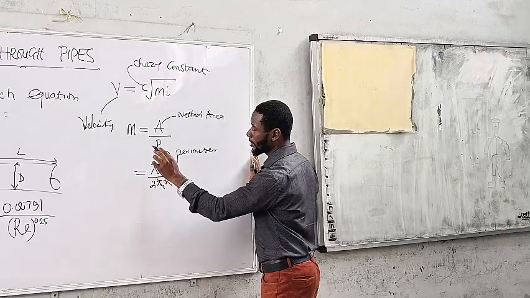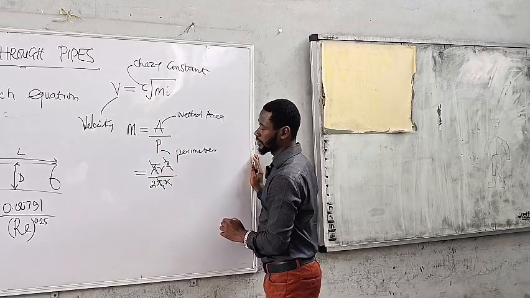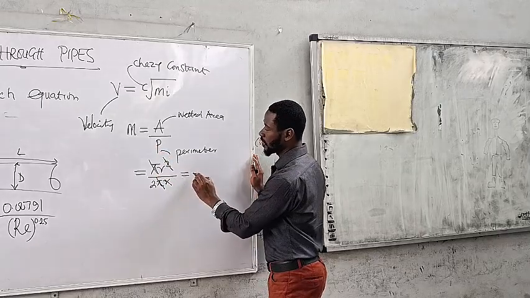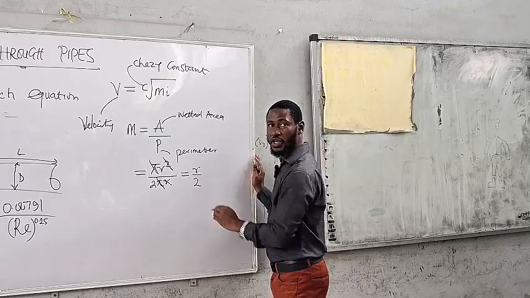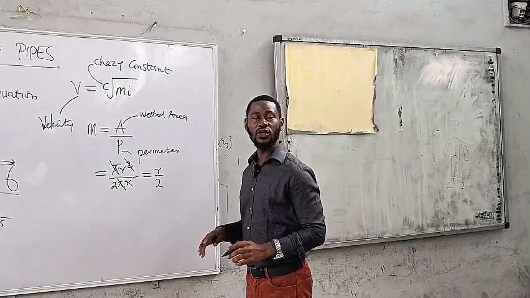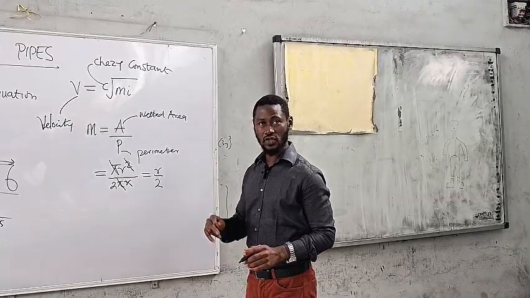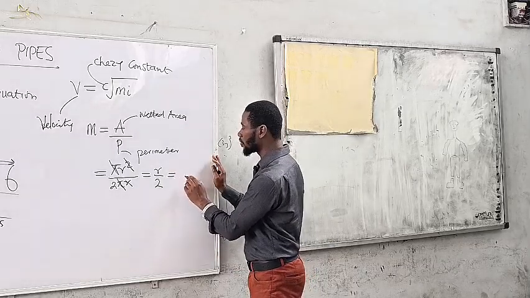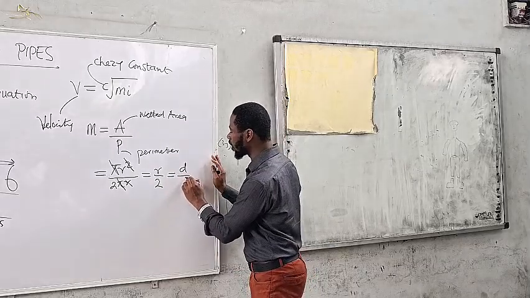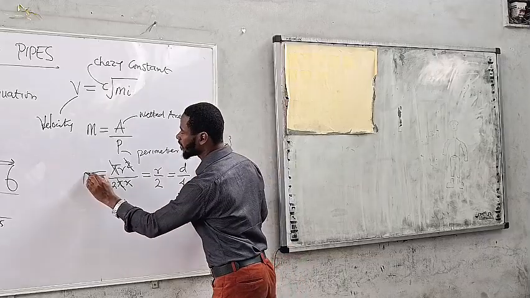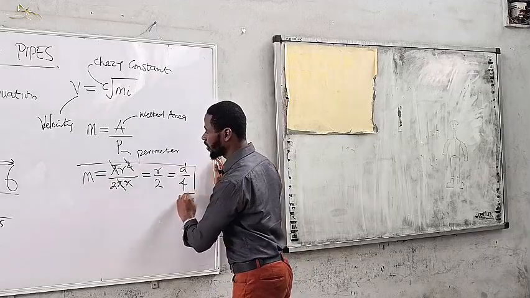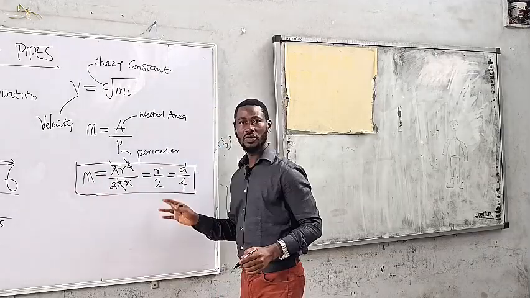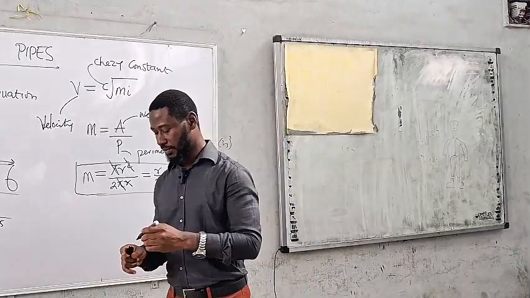Pi cancels pi. So we have R over 2. If it is in terms of diameter, we know that diameter is how many of radius? 2 of radius. So this equation later becomes D over 4. So the hydraulic mean radius is given by the expression you have on the board.